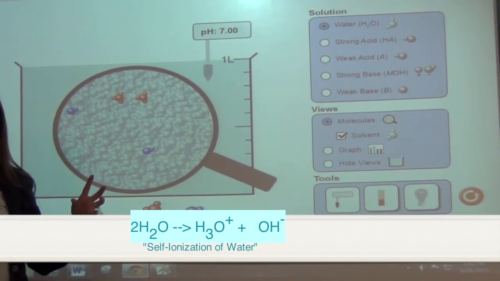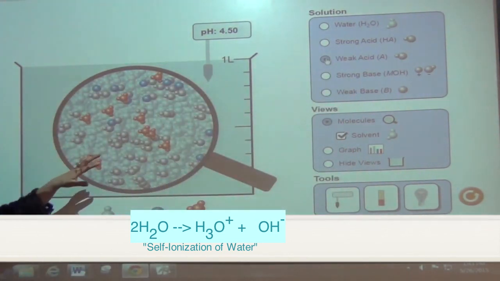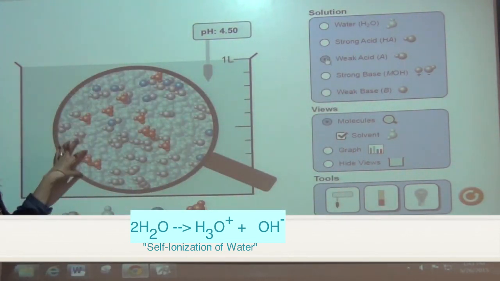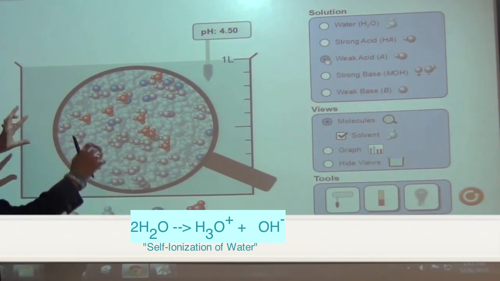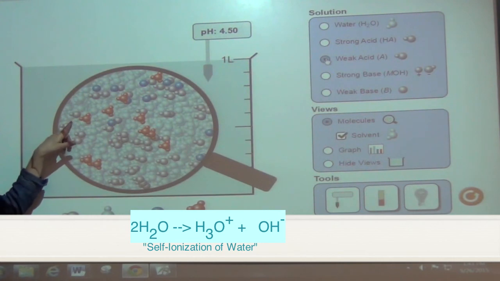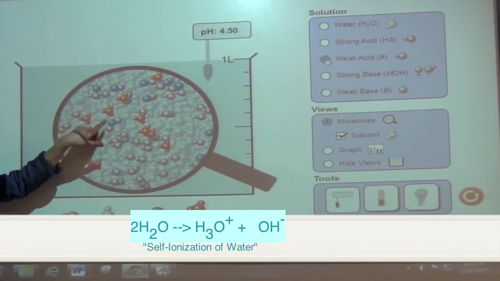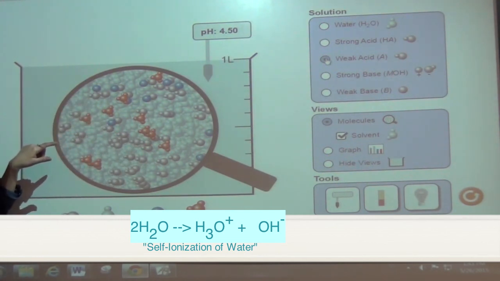Now watch what happens when it's an acidic solution. Let's give it a weak acid solution so we can still see what's going on. By the way, what's in the background are all of the water molecules, okay? So we're zeroing in on an acidic solution. In an acidic solution, we still have these H3O pluses that were there before, and the hydroxides are still in there as well.